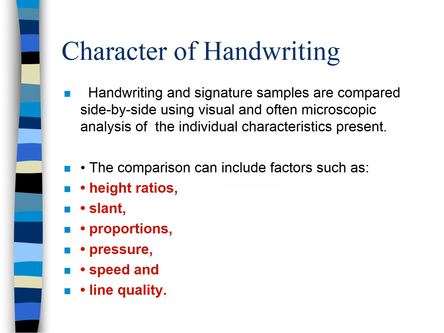Okay, how to analyze the handwriting and signature? Basically, the handwriting and signature samples will be compared side by side using visual or microscopic analysis of the individual characteristics present. So the comparison will include several factors, which are height ratio, length, proportion, pressure, speed, and the line quality.